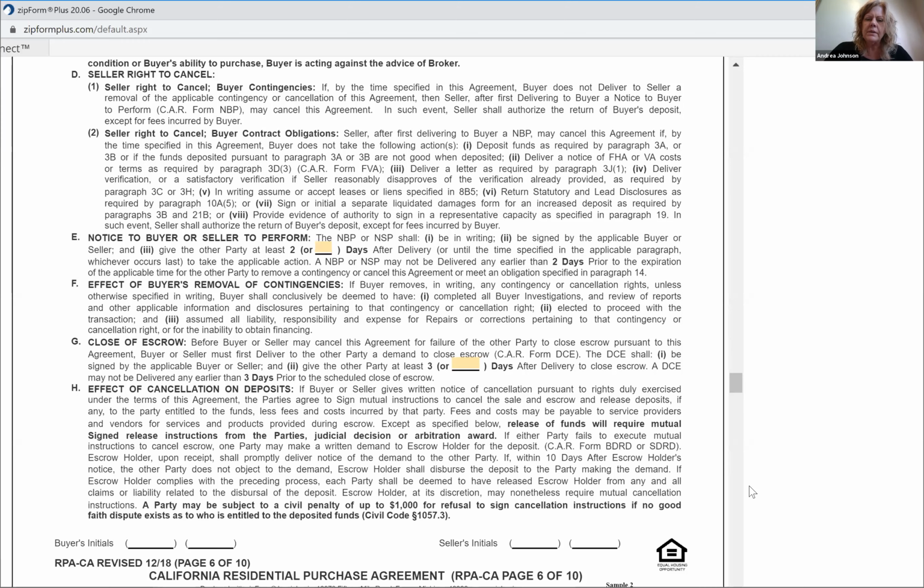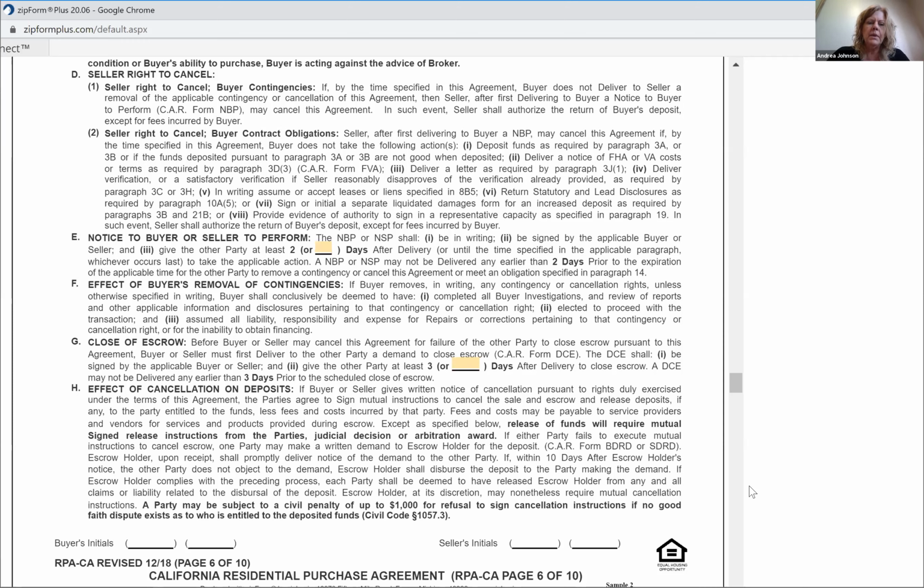In such event, seller shall authorize the return of buyer's deposit except for fees incurred by buyer. And usually I've very seldom seen any fees collected by, say, an escrow company for services that have already been rendered. In any case, again, right here, it's clearly stated that if seller cancels the agreement, seller is returning buyer's earnest money deposit. So again, it's built right in here. They're not able to just take your deposit. Again, a common buyer fear.